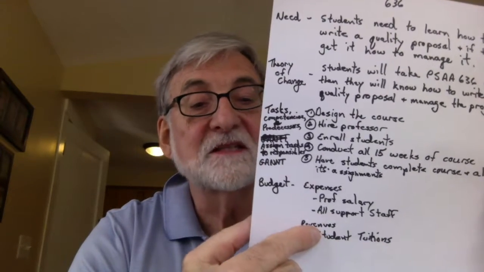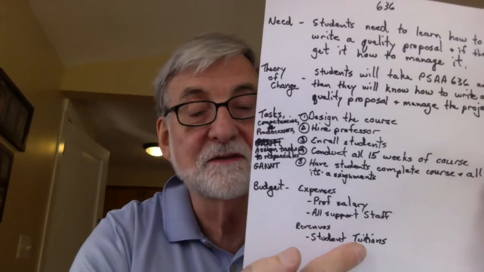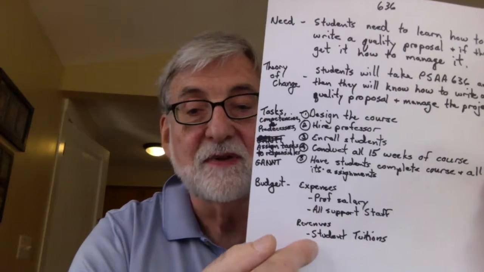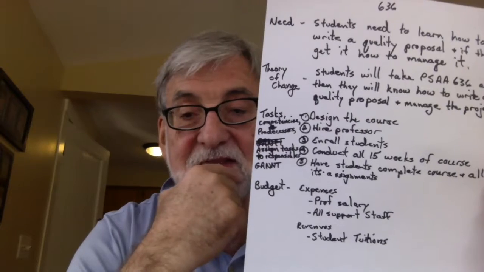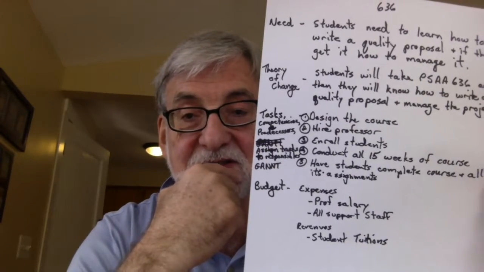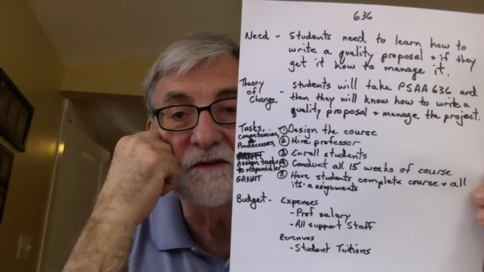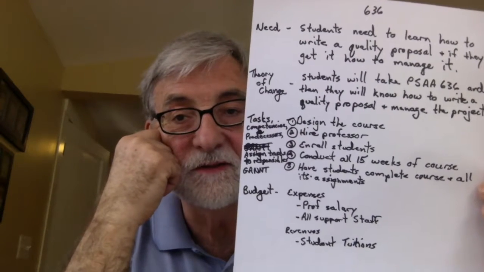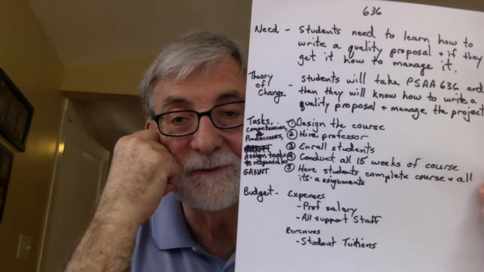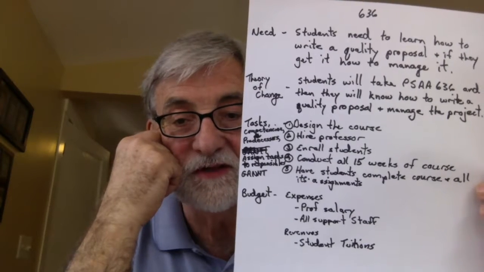But in this particular budget, we do have revenues that come from student tuitions, but that probably doesn't cover the full cost of this project. That's why, way up here, I looked for a funder who was going to help fund the course, and I'm writing this proposal to them.